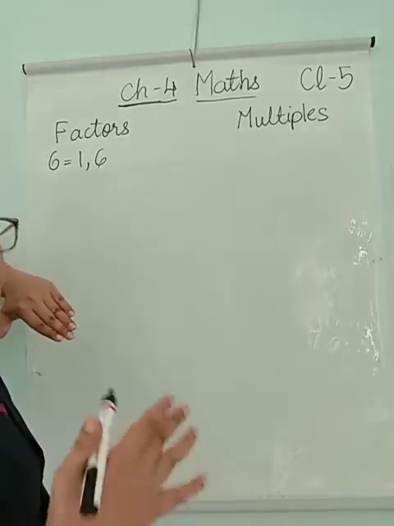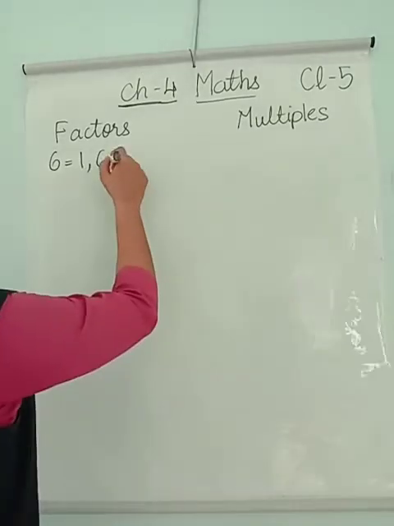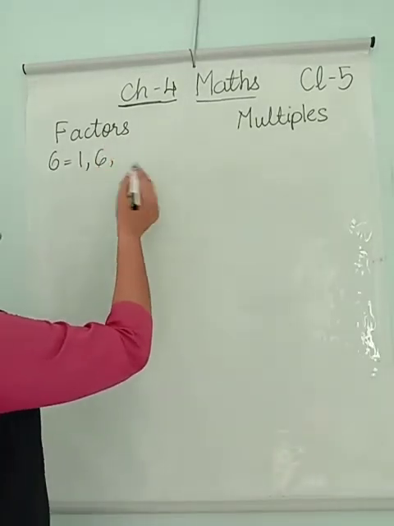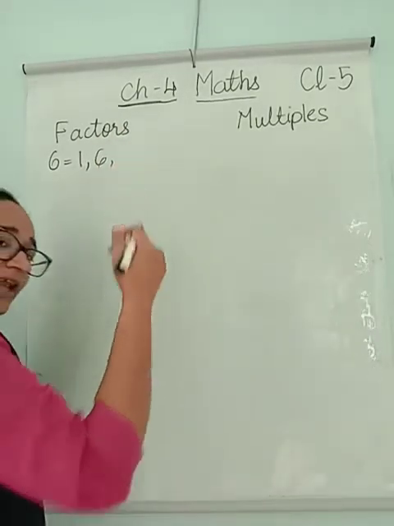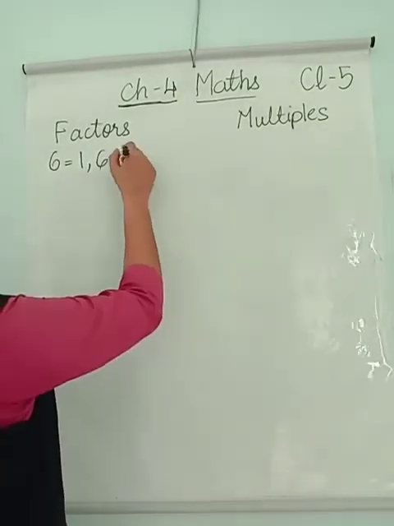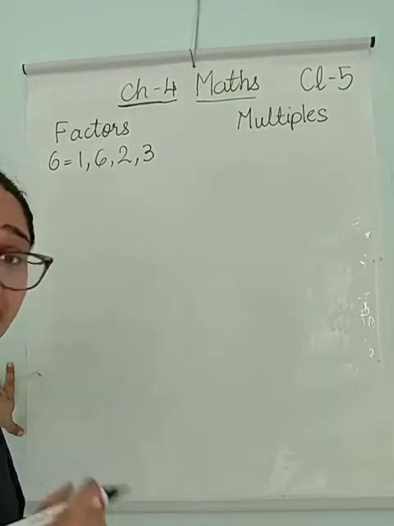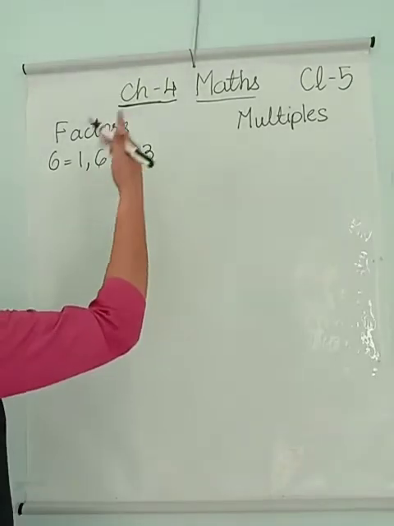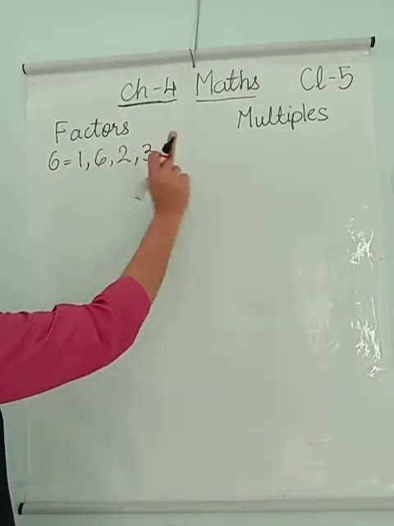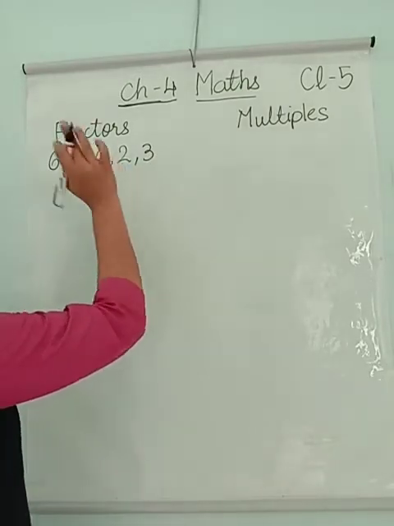Yes, 2 threes are 6. So when I divide 6 by 2, I will get answer 3 and remainder 0. So 2 and 3 both are my factors. Now does 6 come in the table of 4? No. 5? No. 6? Last.